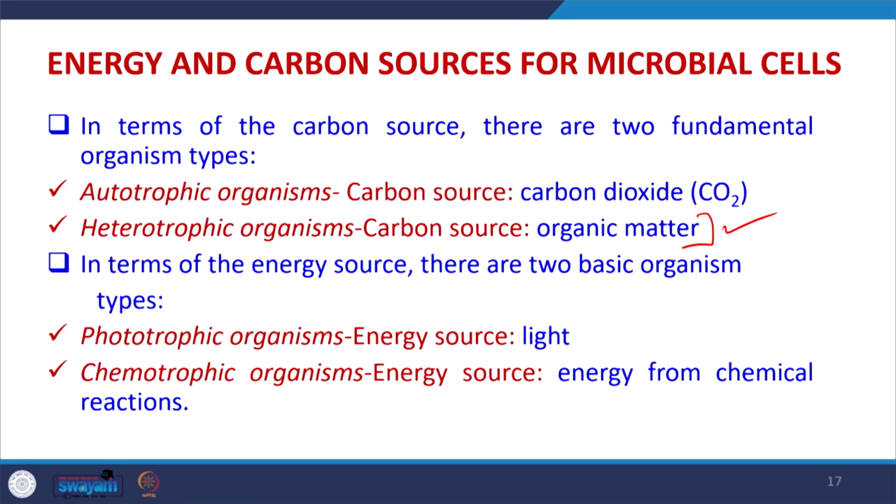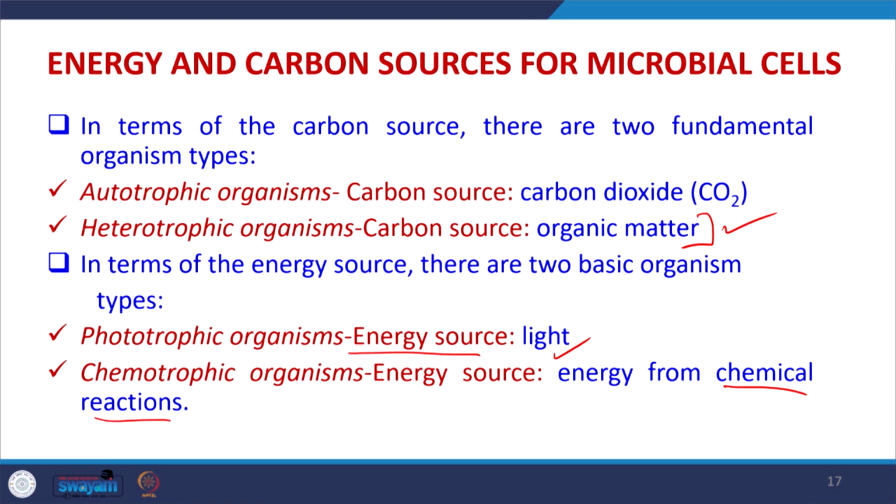So, if we are going for wastewater treatment, heterotrophic organisms which use organic matter as carbon source are very important. Similarly, with respect to energy source, because they have to grow and they require food as well as energy, there are two basic organism types, one is phototrophic, another is chemotrophic. Phototrophs use light as the energy source, whereas chemotrophs use chemical reactions as the energy source.